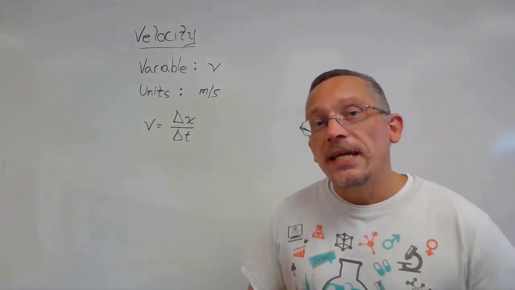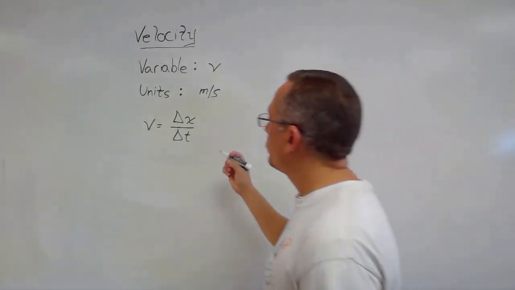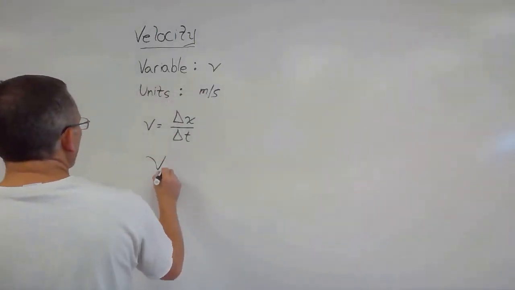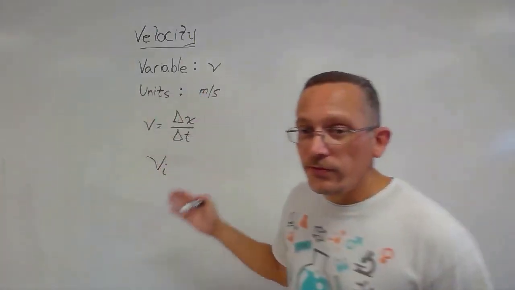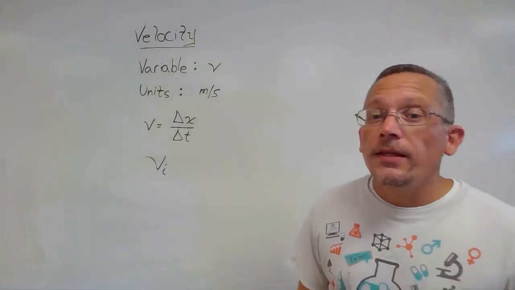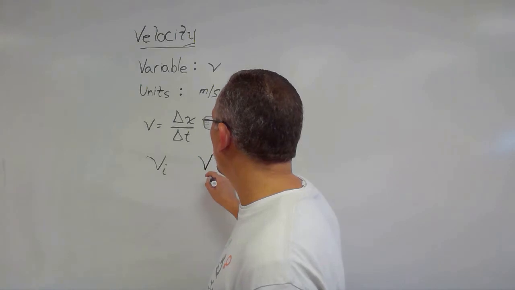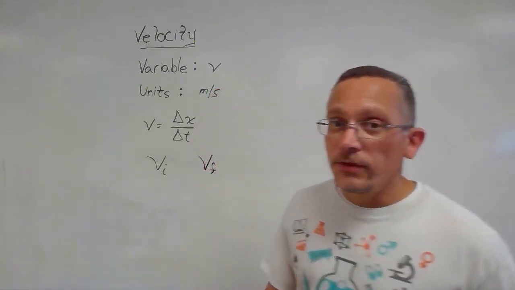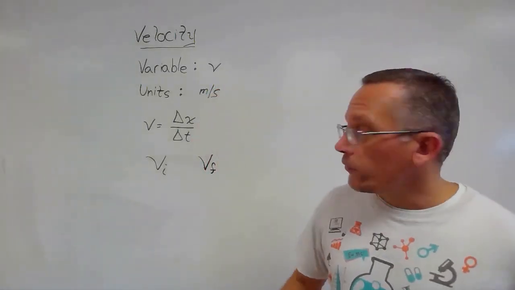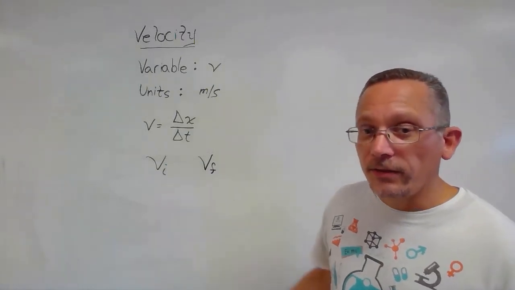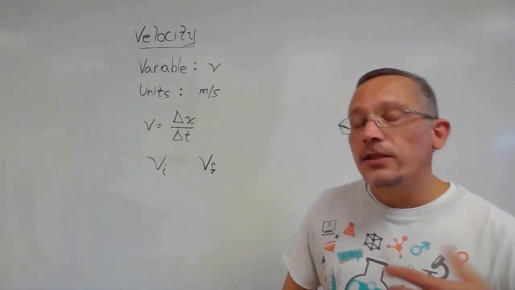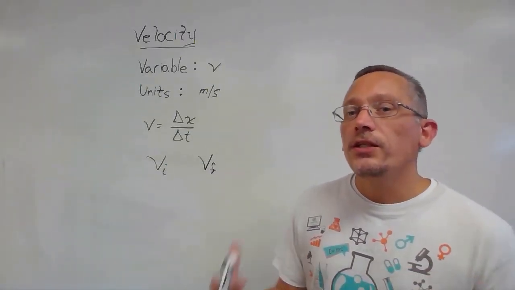So if we want to talk about an initial velocity, we can use v with a little subscript i. And if we want to talk about a final velocity, we can use v with a little subscript f. Just like the displacement and the time, we can find the change in velocity.